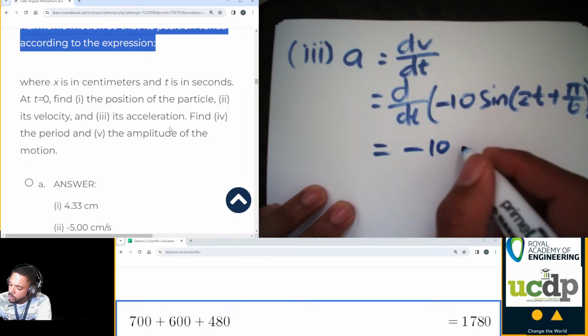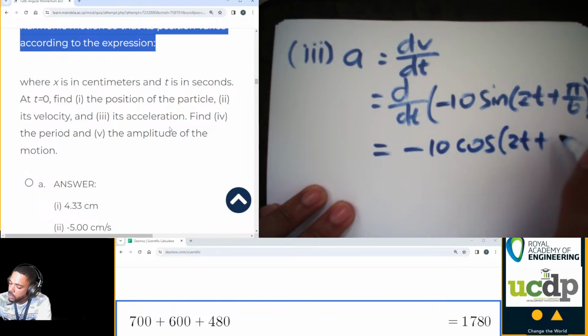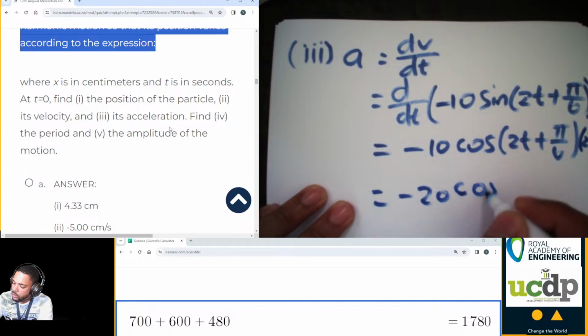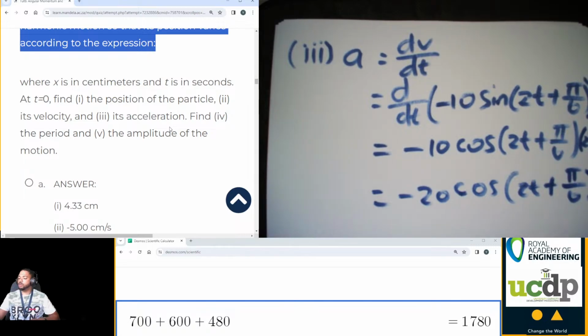The derivative of sin is cos, so cosine of 2t plus pi over 6, going through the chain rule, and then the derivative of the inside is just another 2, meaning the answer is negative 20 cosine of 2t plus pi over 6. We are finding the derivative with respect to t. You should have done enough derivative calculus by now to be able to do this using the chain rule.